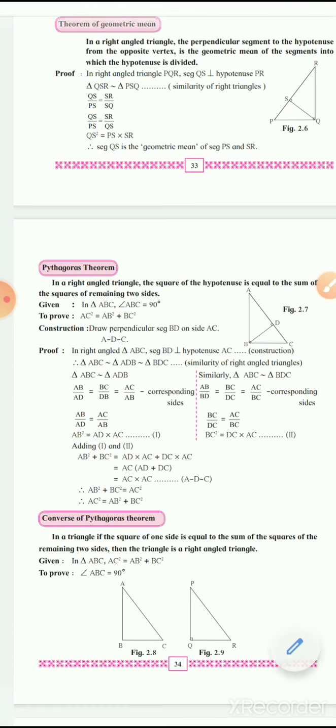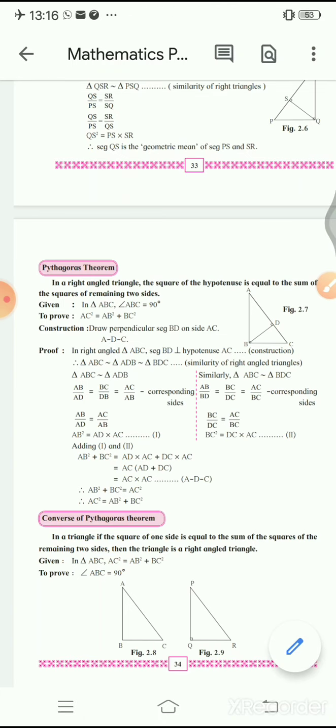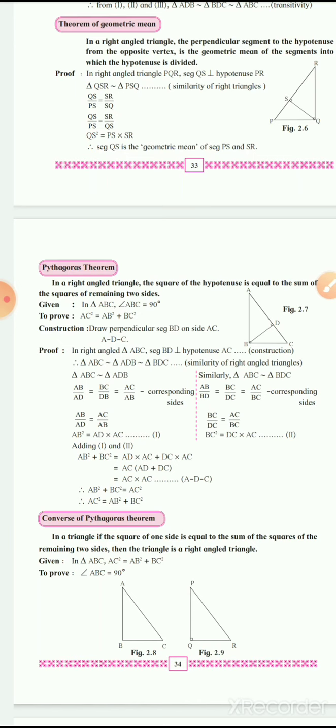By adding 1 and 2, AB square plus BC square is equal to AD into AC plus DC into AC. AC is common in them, so AC in bracket AD plus DC.